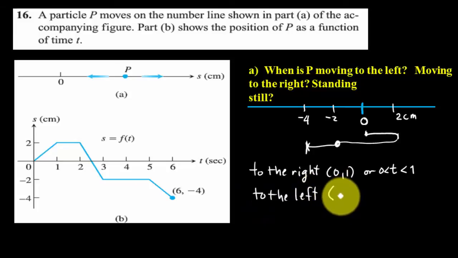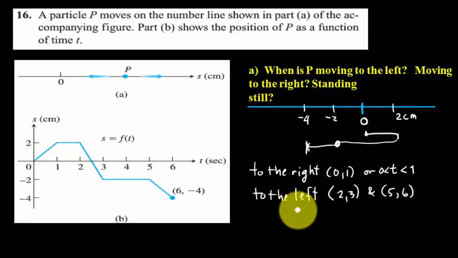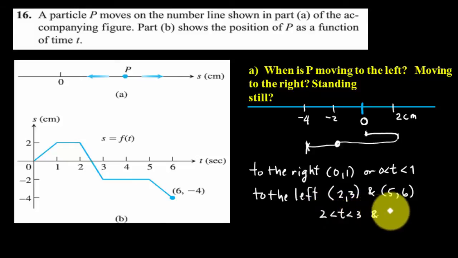We have from 2 to 3 and also from 5 to 6, so in inequality form, t between 2 and 3 and t between 5 and 6.